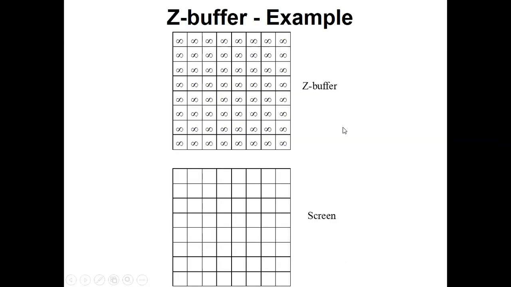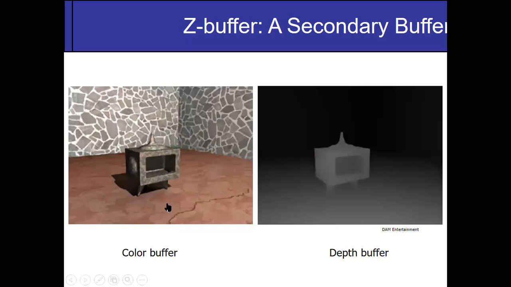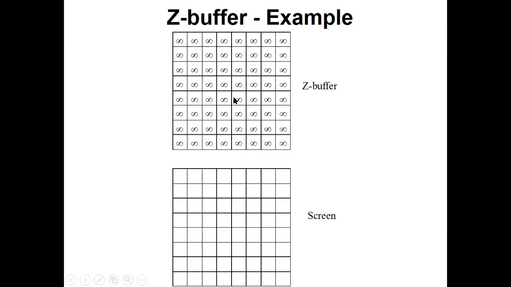To put this in a simpler way, let the Z buffer for all these pixels be infinity, or I can say highest. On the screen, you can see everything is empty, I can say a black background.